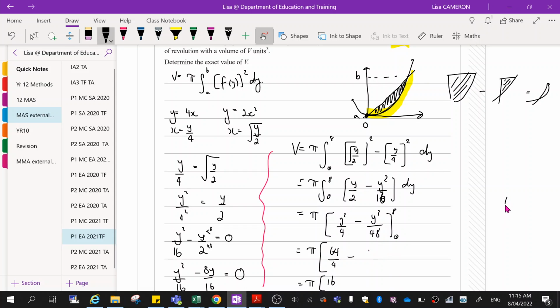8 cubed, 64 times 8, okay, so 512 over 48. And that's all minus 0, because as soon as I put 0 into these ones, they're just going to vanish.